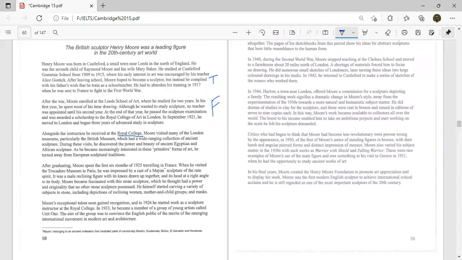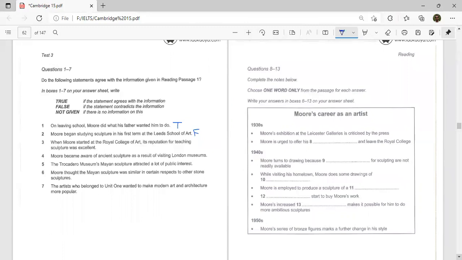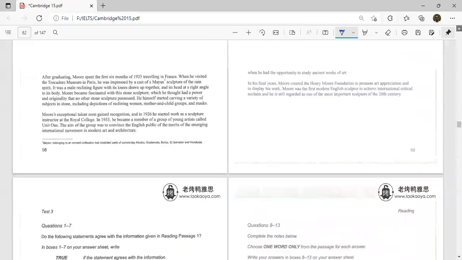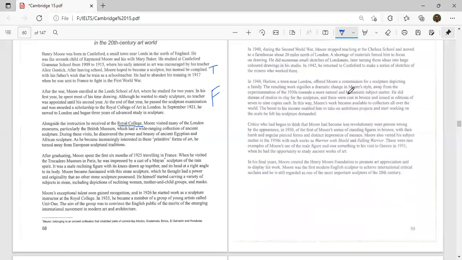Okay, let me see. When Moore started at the Royal College of Art, its reputation for teaching sculpture was excellent. Okay, so the Royal College of Art's reputation for teaching sculpture was excellent when he started. Alongside the instruction he received at the Royal College, Moore visited many of the London museums, particularly the British Museum, which had a wide range of collections of ancient sculpture.